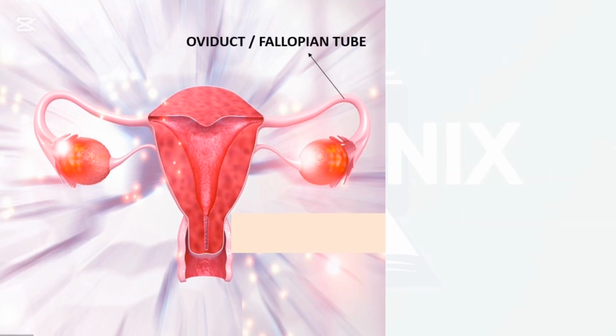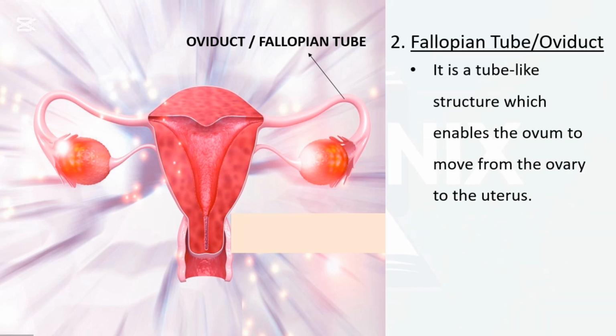The other part, it is the fallopian tube, also known as the oviduct. So this one, it is a tube-like structure which enables ovum to move from the ovary to the uterus. Remember, we said the ovum is produced at the ovary and therefore it moves from the ovary to the uterus.